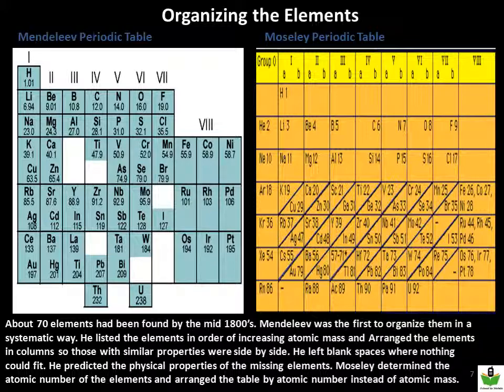He listed the elements in order of increasing atomic mass and arranged the elements in columns, so those with similar properties were side by side. He left blank spaces where nothing could fit. He predicted the physical properties of the missing elements. Moseley determined the atomic number of the elements and arranged the table by atomic number, instead of atomic mass.